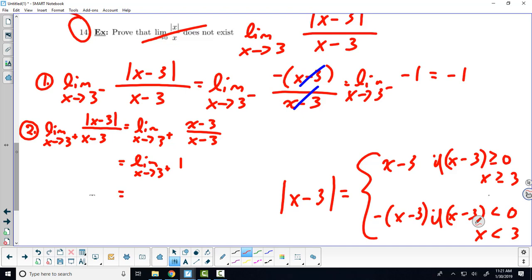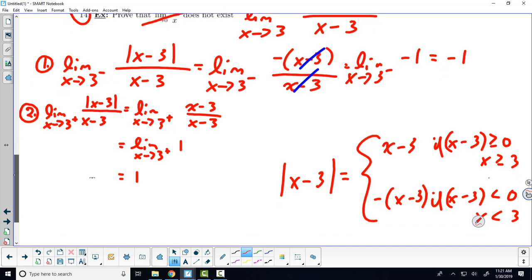What is the limit of a constant? Just the constant value. So this limit is 1. Negative 1 and 1 do not agree. So we just showed the left-hand limit was negative 1, the right-hand limit was positive 1, so the limit proper does not exist.